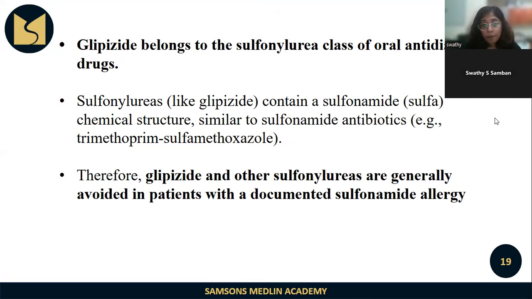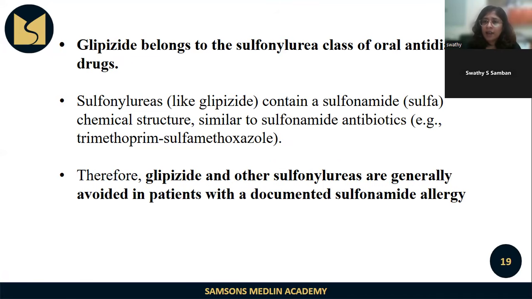Therefore, glipizide and other sulfonylureas are generally avoided in patients with documented sulfonamide allergy. If a patient has a history of sulfur drug allergies, we need to be careful that we are not dispensing any similar structural drugs to that patient.